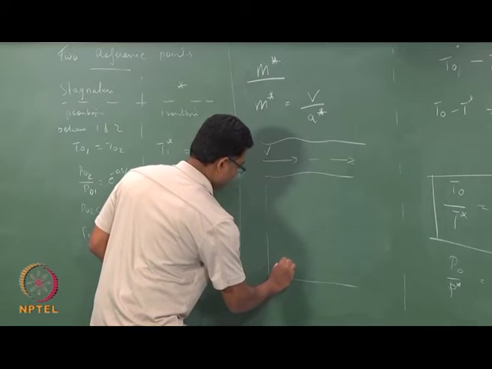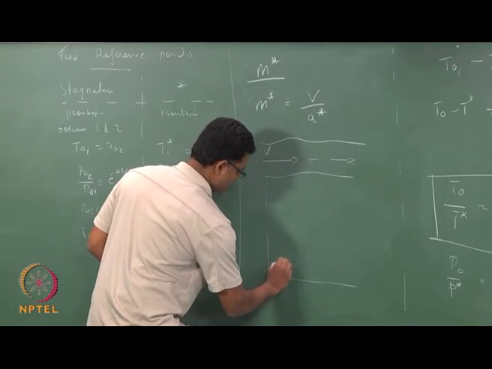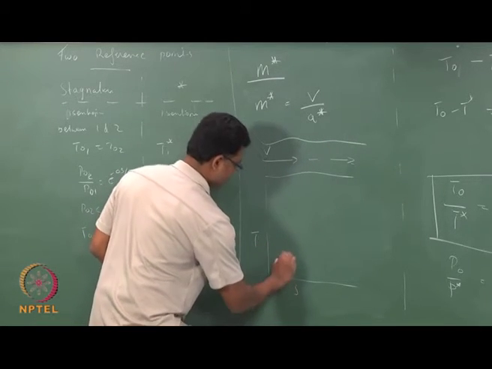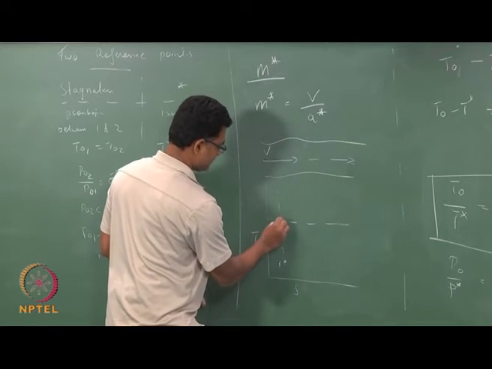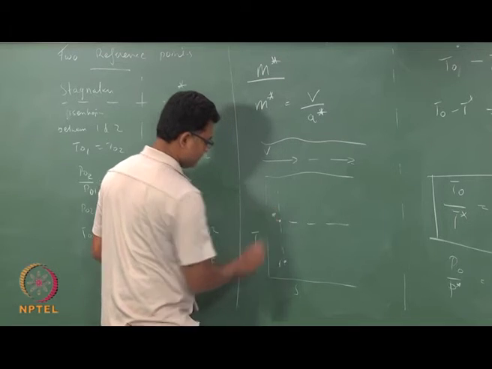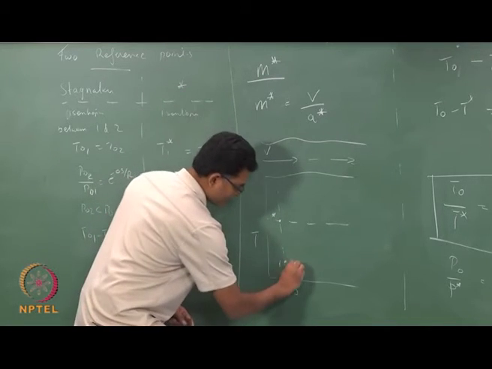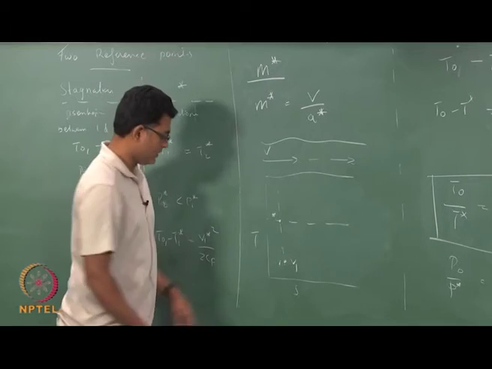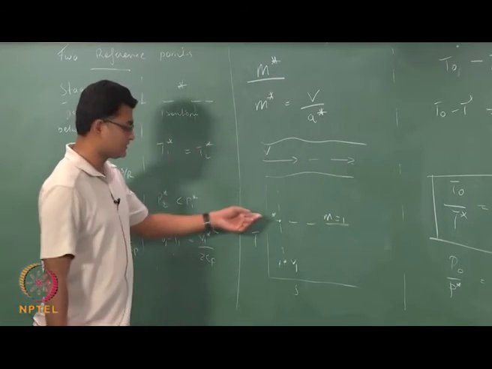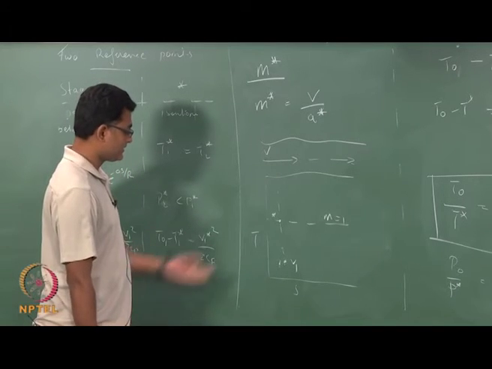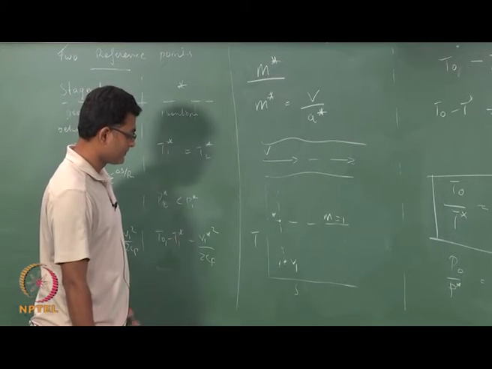So, I take the fluid, if this fluid at state 1, if I take it isentropically here, I have a star value, but at this point I also have a velocity V1. So, this M is always 1, because that is how we defined the reference quantity.